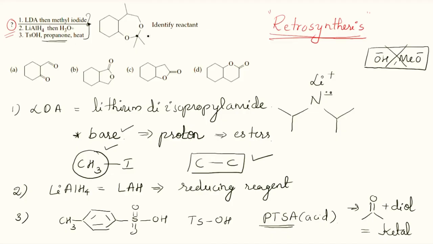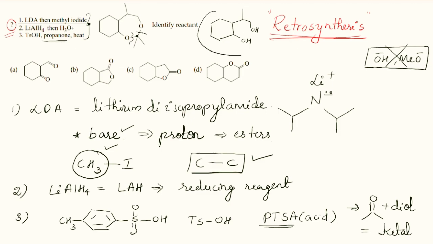And what is the diol? You see, this corresponds to the ketone part, right? So you can cleave the molecule over here and you can expect a diol like this. So here, this is where you are going to get an alcohol, and here, this is where you are going to get an alcohol. So this is the last but one product, right?